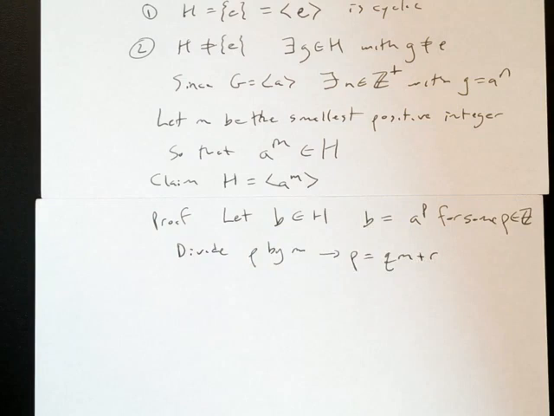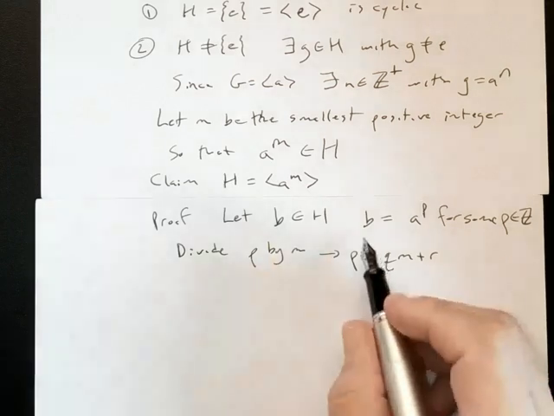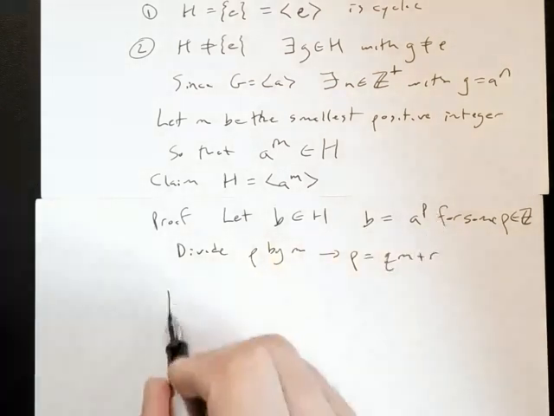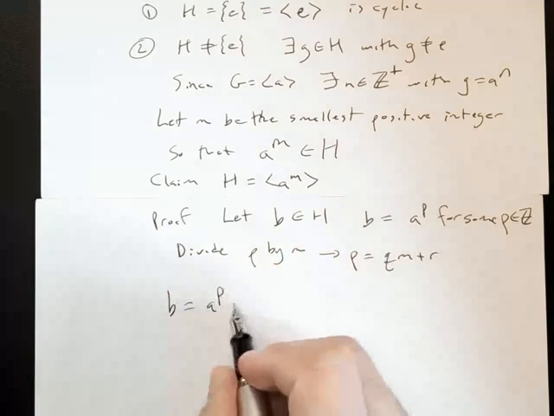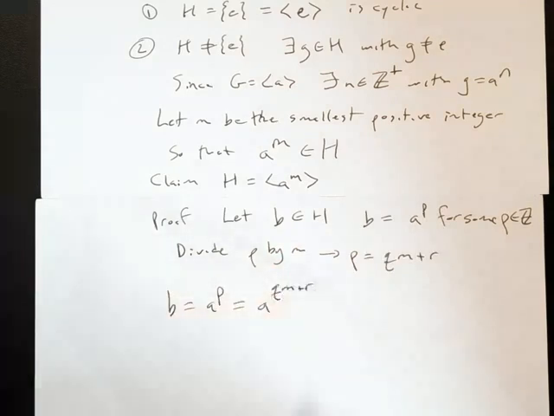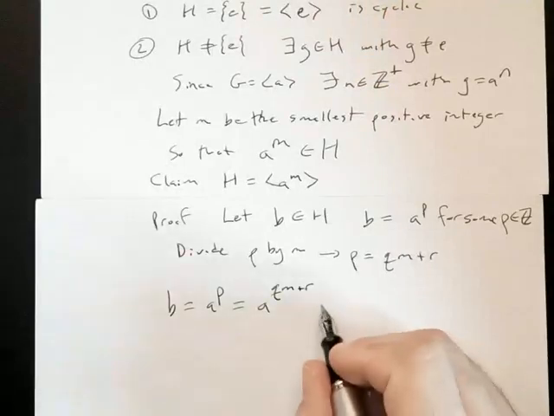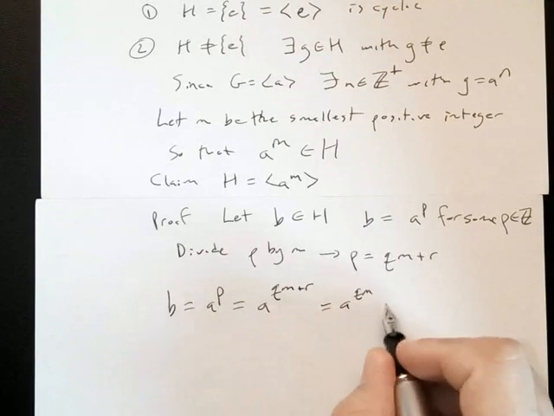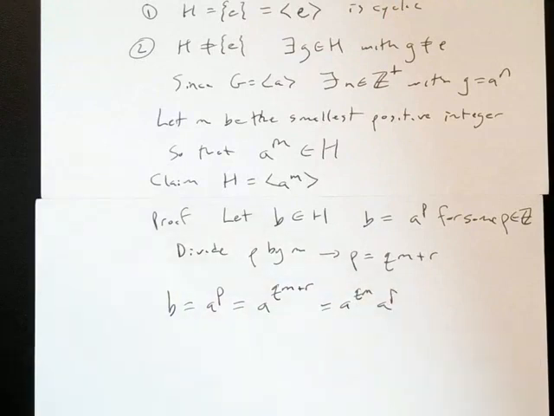So far, so good. That means that B, which is a to the P, is a to the QM plus R, which is the same as a to the QM, a to the R. Q and M are integers, which means I can multiply them in either order.